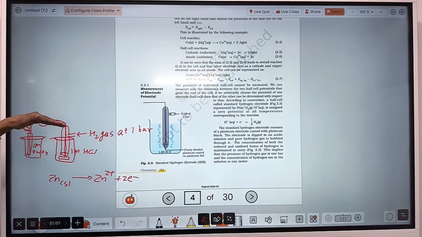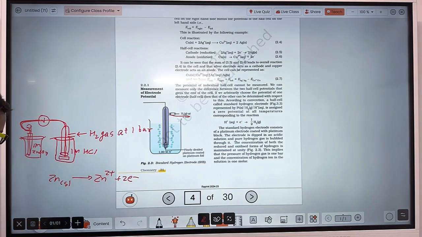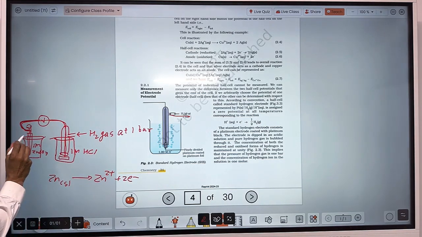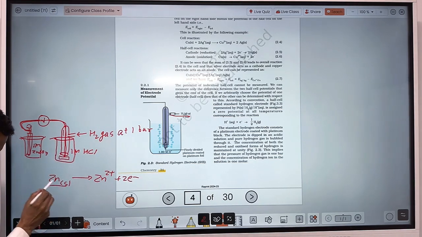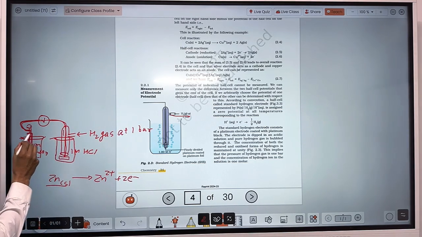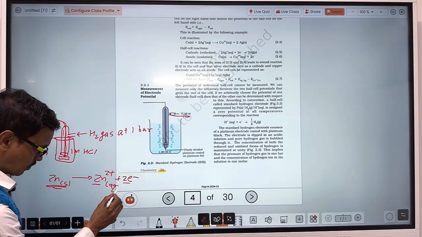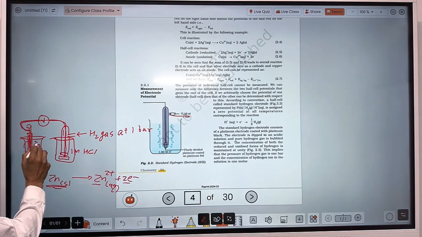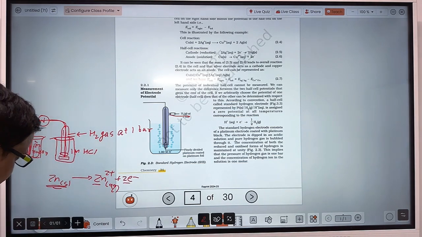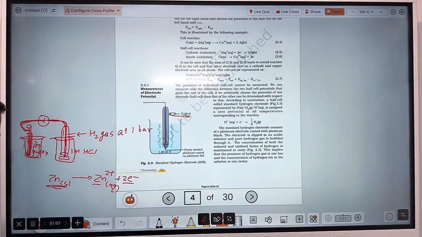When we have connected the zinc rod to this hydrogen electrode, the zinc atom of the rod loses electrons and converts into Zn2 plus. The Zn2 plus will enter the solution, and the lost electrons will come to this electrode.